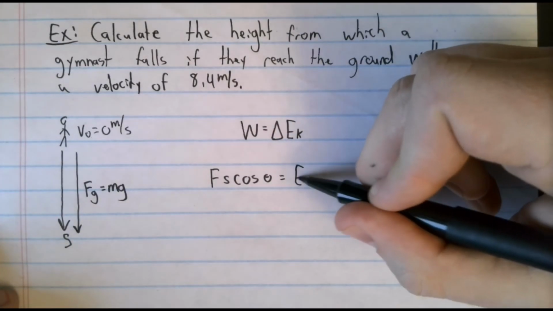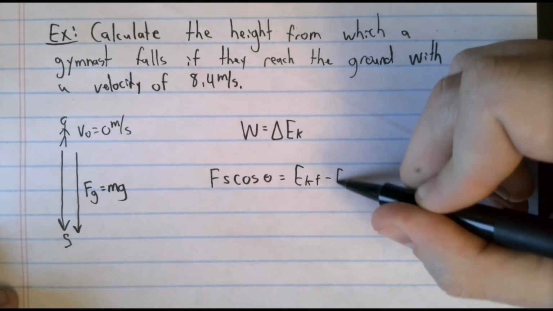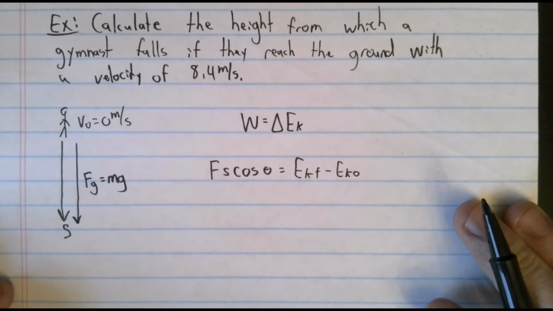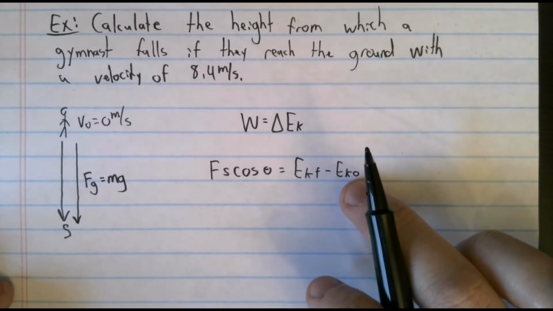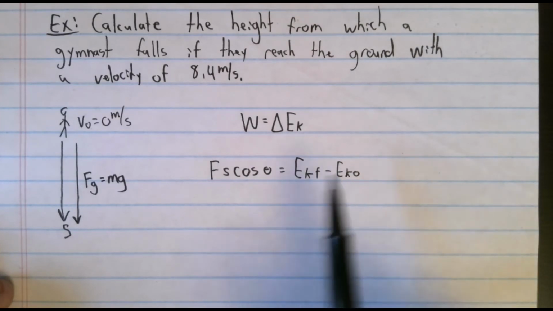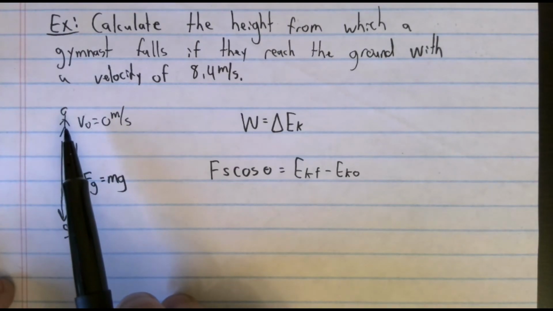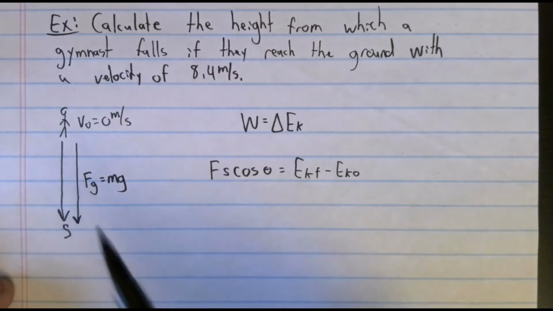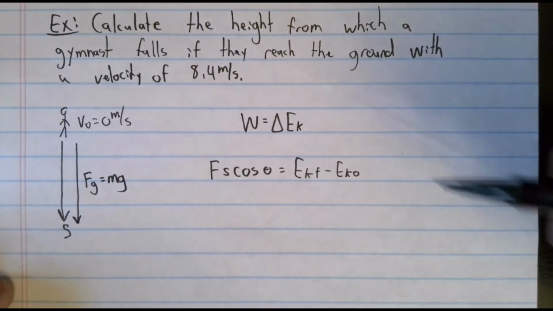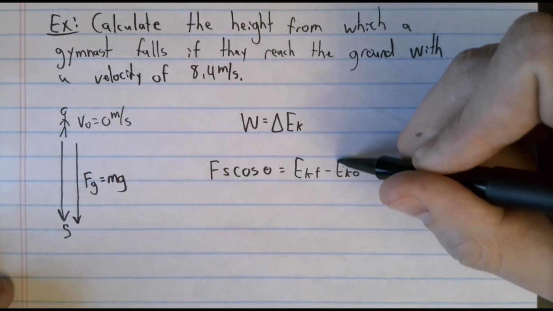So here it is, EKF minus EKO. Which of those is 0? It's going to be EKO. The starting kinetic energy of this person is 0 because they're dropped from rest. The distance that they go starts with a velocity of 0.